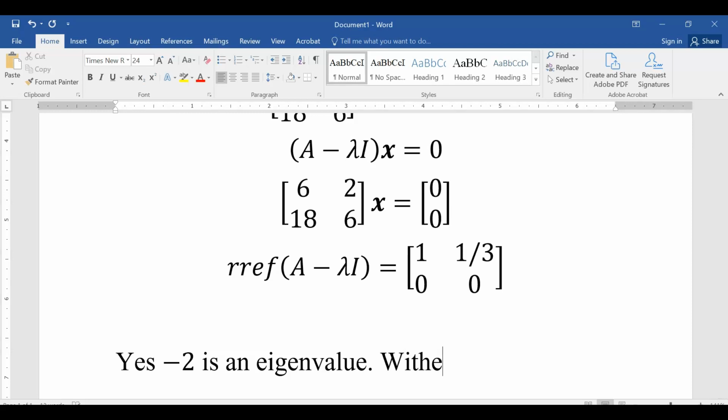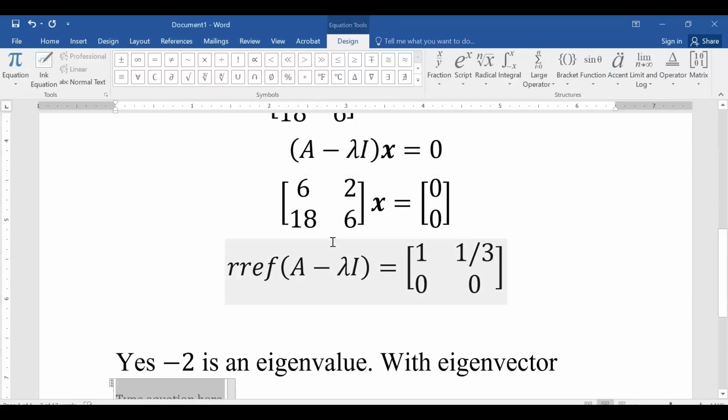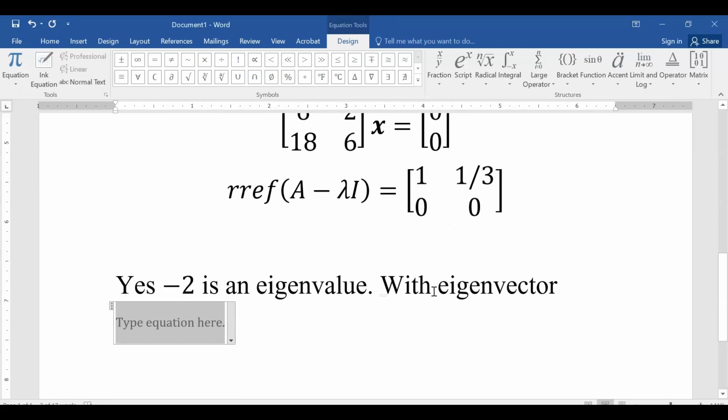So what we can do is say, what eigenvectors are going to work there?